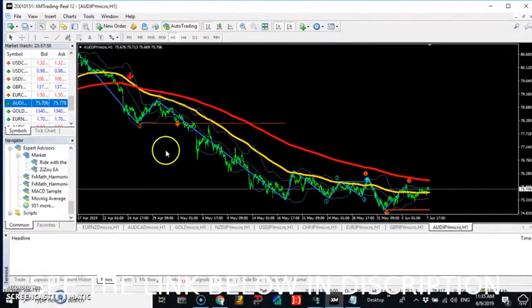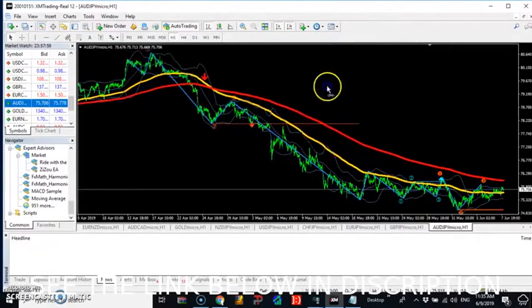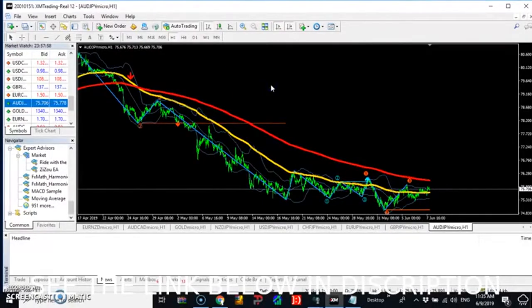Now that we have set up everything exactly the way it's going to be, and we have put this arrow, now apart from using your 1 2 3 pattern for entry, we have gone to silence the alert of the 1 2 3 pattern.